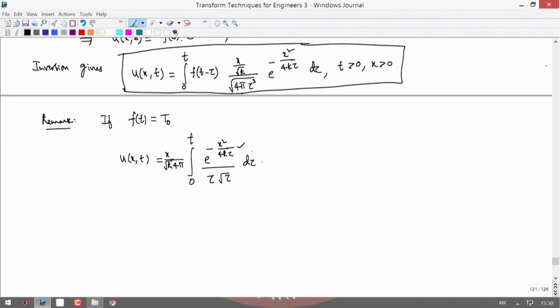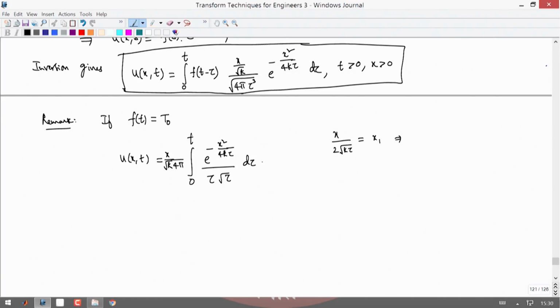So, again you consider x by 2 root k tau as a new variable, let us say x1, then this implies dx1.